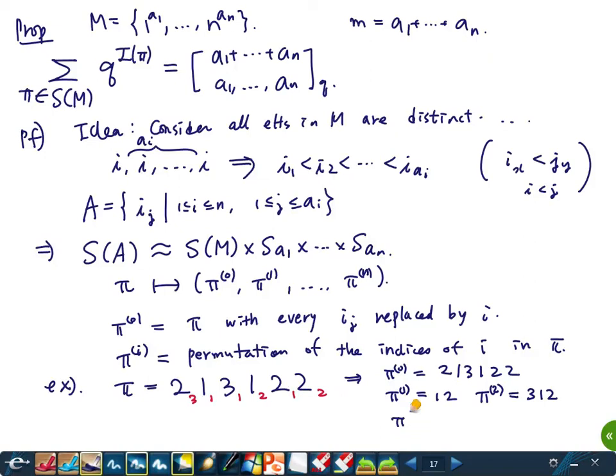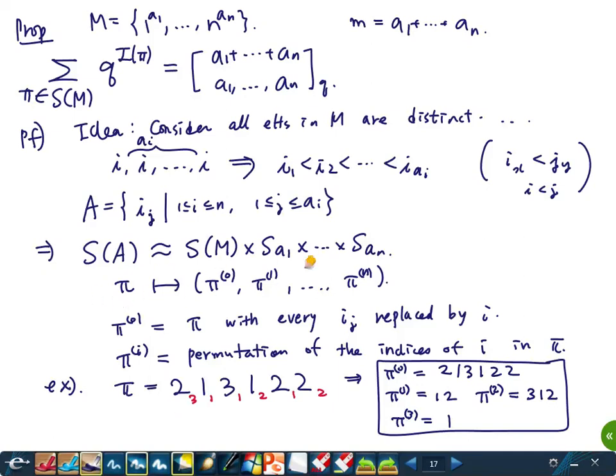And pi^3? Just 1. There's only one thing. Do you think this has enough information to reconstruct pi? Of course. And this is basically the idea of the proof of the rearrangement of the multiset. Your proof is identical to this. I just wrote this formally.